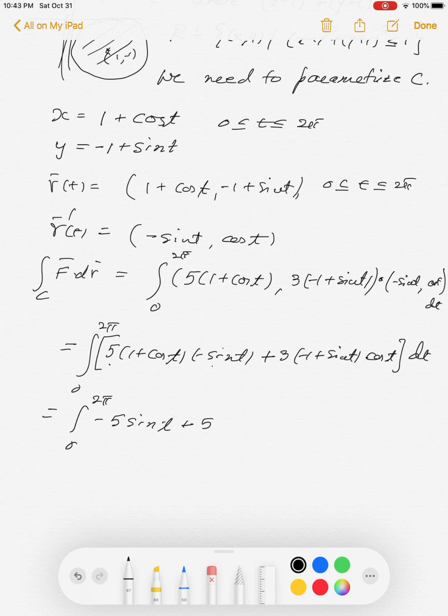You get minus 5 sin t, then minus 5 cos t sin t, then minus 3 cos t, and then plus 3 sin t cos t.